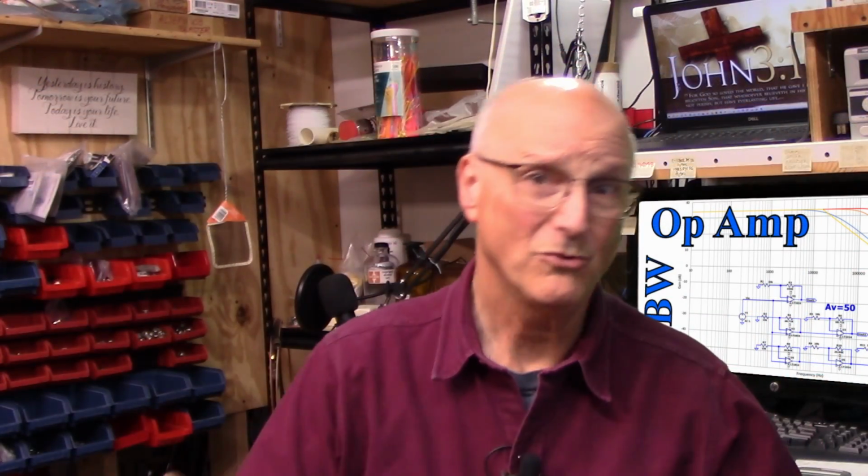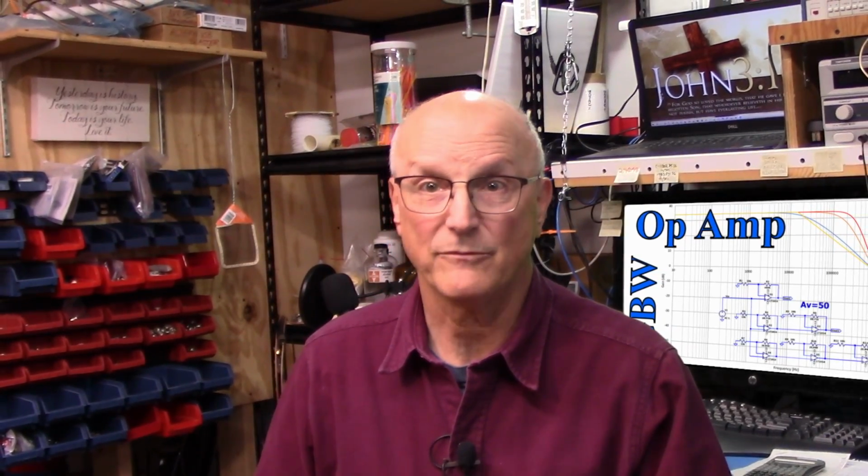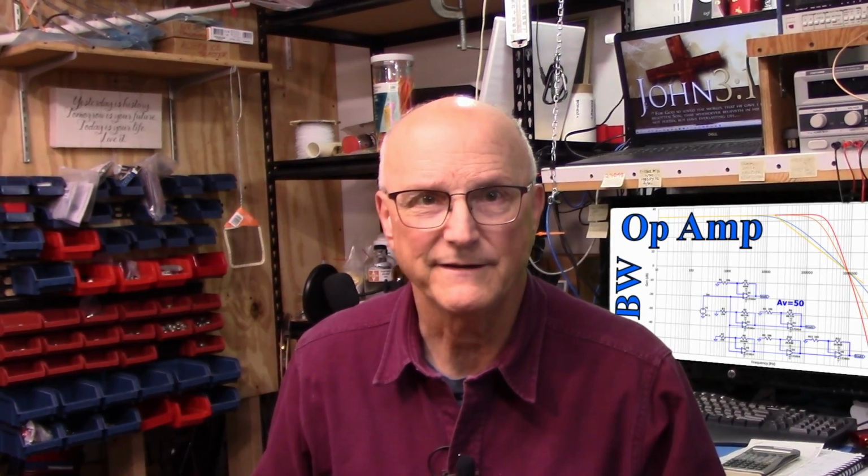So let's start by talking about the first of these assumptions. The op-amp has infinite gain. Well, there is no circuit anywhere that has infinite gain, not even the best op-amp. Yes, they often do have a lot of gain available to use, but it is still quite finite.